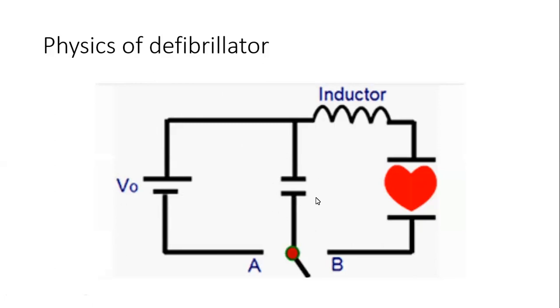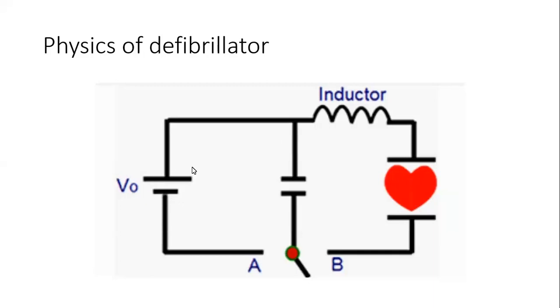So you charge the capacitor so that when it is needed, through the inductor, you then discharge the energy in the form of joules to the heart. So it has to have a power supply, capacitor, inductor, and a set of paddles.